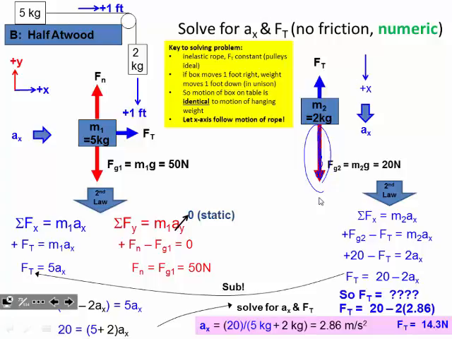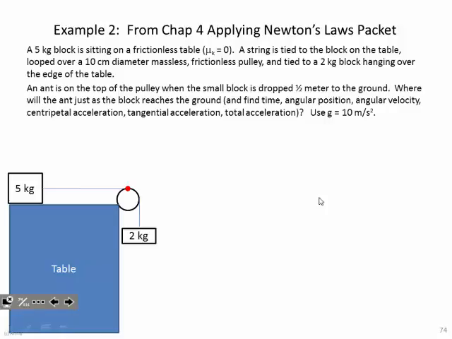Using our angular motion. So now we're looking at an ant moving in a circle on that pulley. By the way, what assumptions do we need to make to solve this problem? A massless, frictionless pulley. Otherwise, if it had mass, we'd have to add that mass into our equation as well. That would slow down our acceleration.